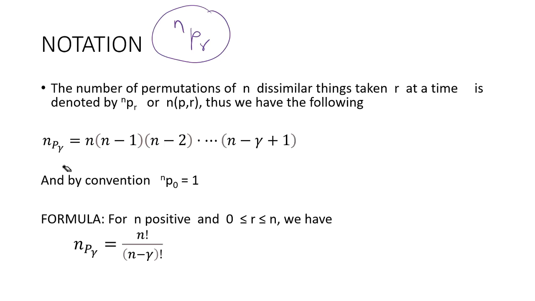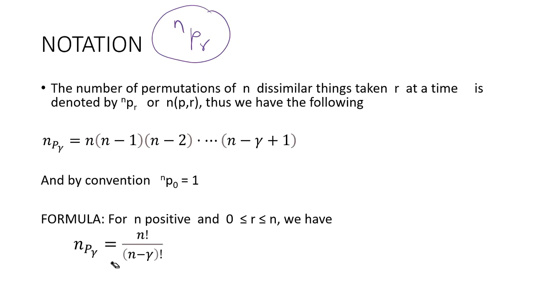By convention we define nP0 to be 1. nP0 stands for the number of permutations of n distinct objects taken 0 at a time. So we are not taking any objects, so that is going to be the one permutation. So nP0 is equal to 1.